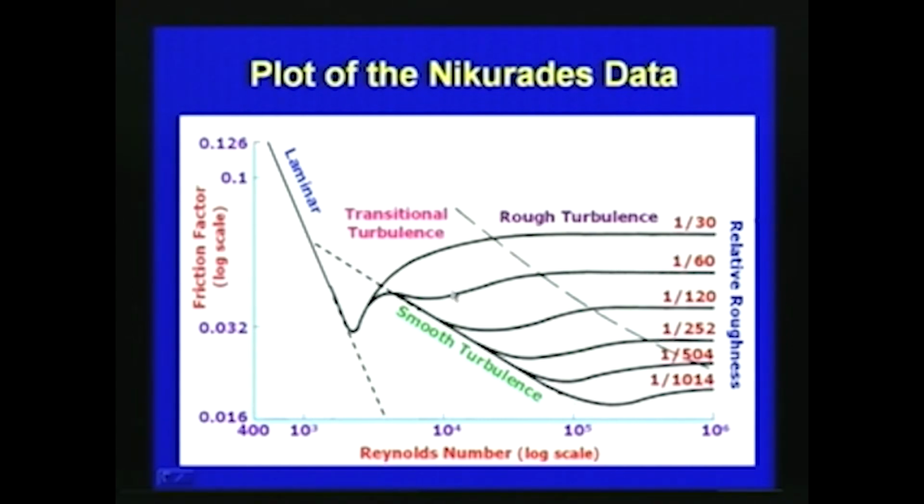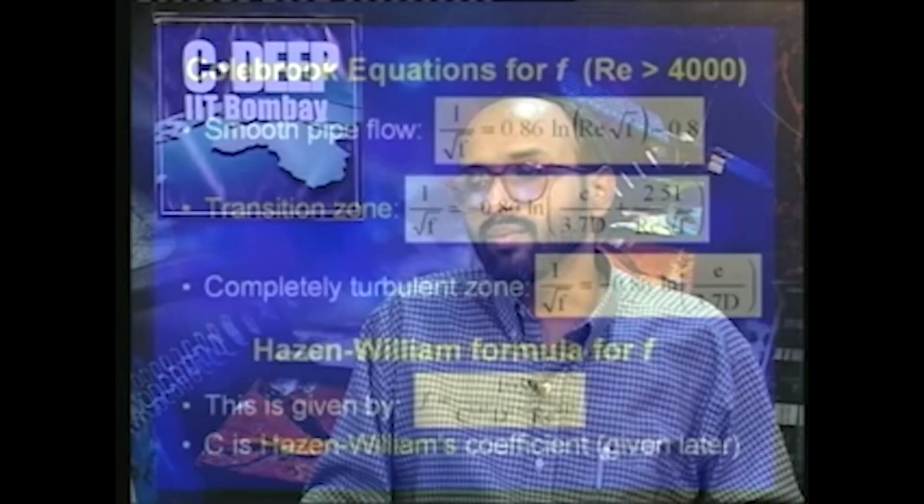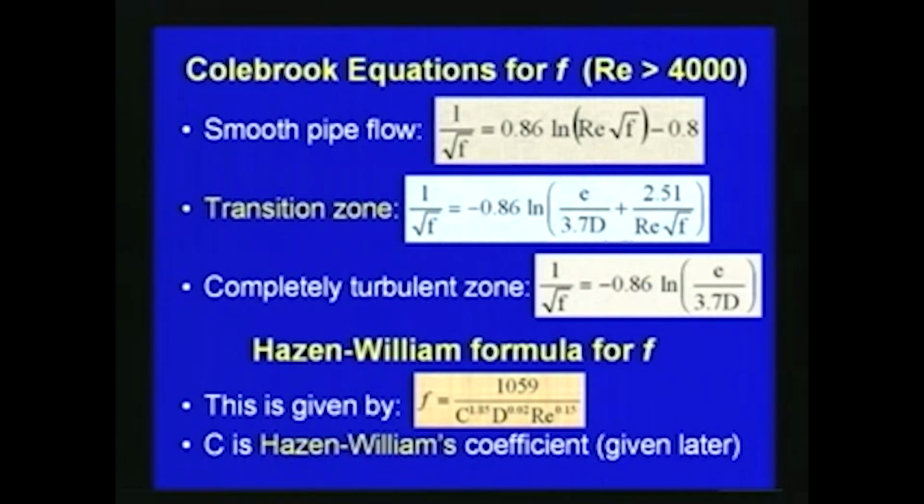After conducting a large number of experiments with various flow conditions, pipe materials and roughness heights, Nikuradse produced this graph, and from it we can obtain the friction factor for various Reynolds numbers and relative roughness. First we discussed the Moody diagram, then the Swamee-Jain formula, and now the third one is the Nikuradse plot, and the next one is the Colebrook equation.